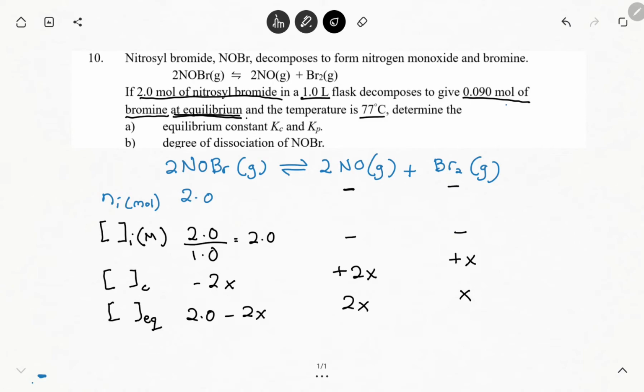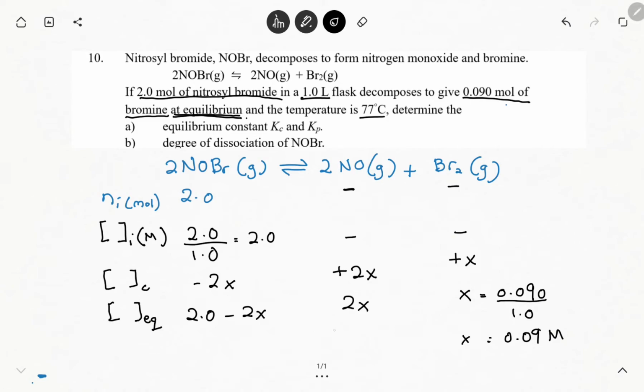And the question gives you the mole of bromine at equilibrium. That means here x is equal to 0.090 mole divided by the volume 1 liter. So x is equal to 0.09 molar. Our x is in terms of concentration, because we use the ICE table in terms of concentration.